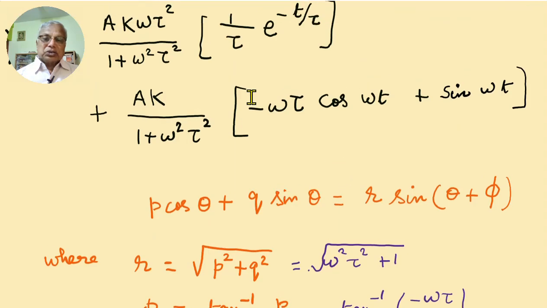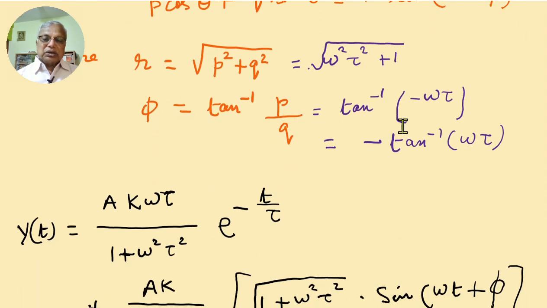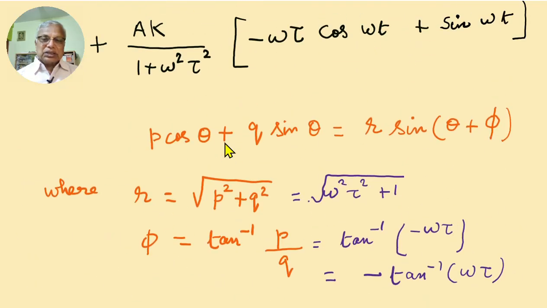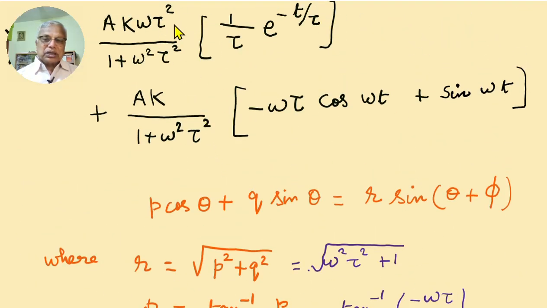Now the second and third term I will simplify into a single term by this. This is the first term. I just substituted into the previous equation. First term written as such, only the tau square and tau I simplified.